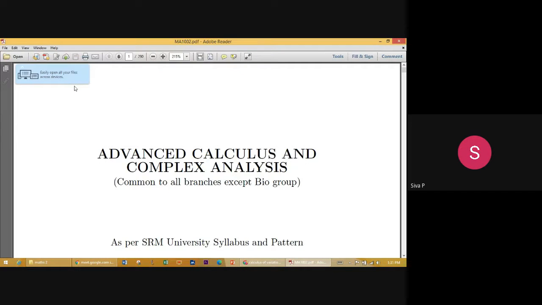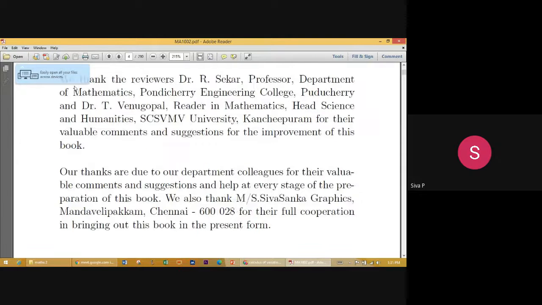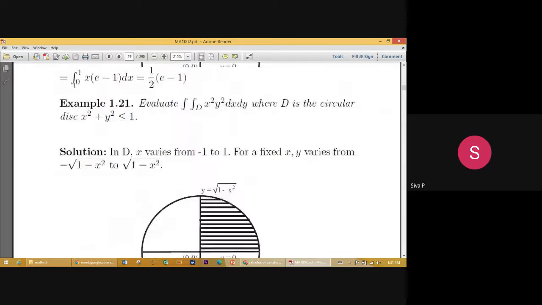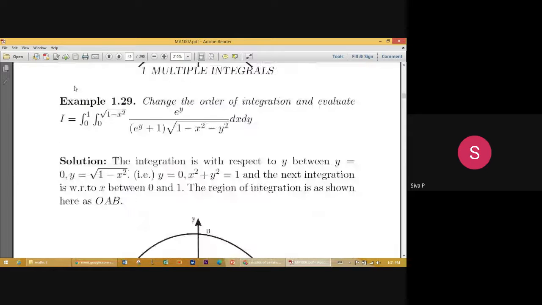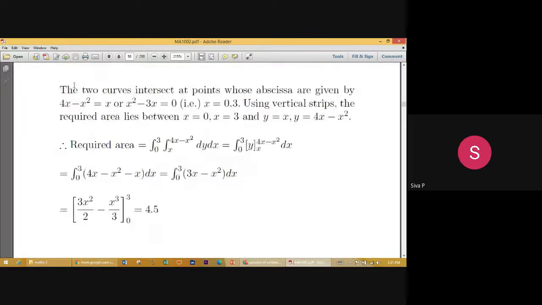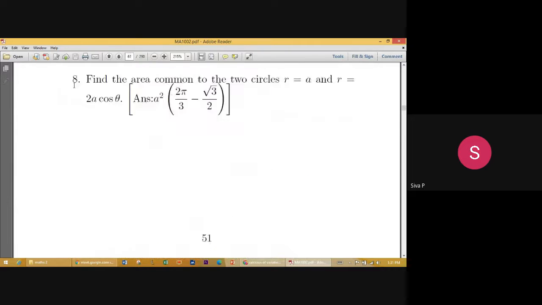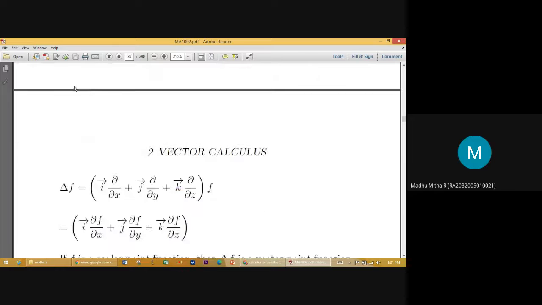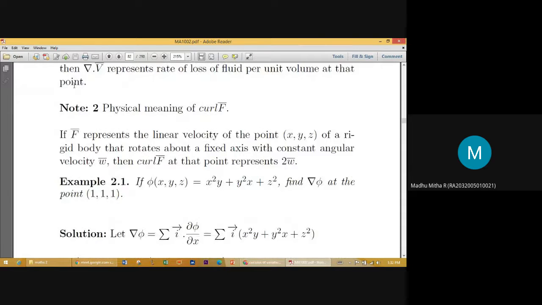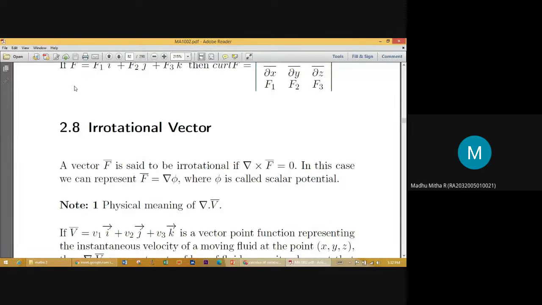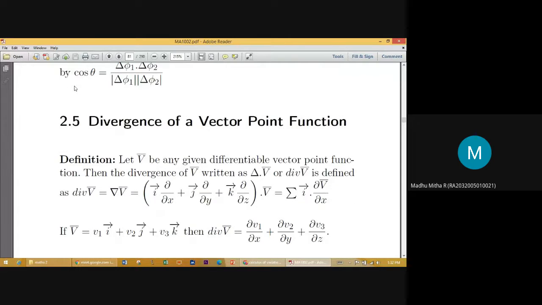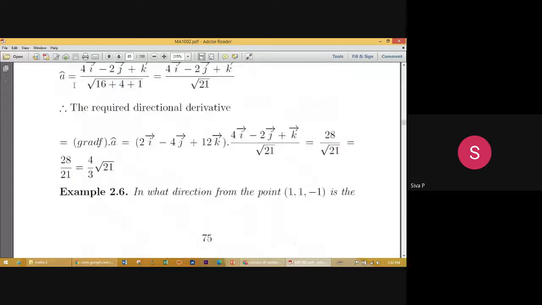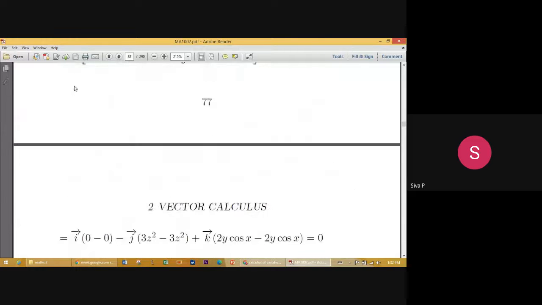It's a simple concept. Multiple integral, line integral. Independent of path is an important concept actually.